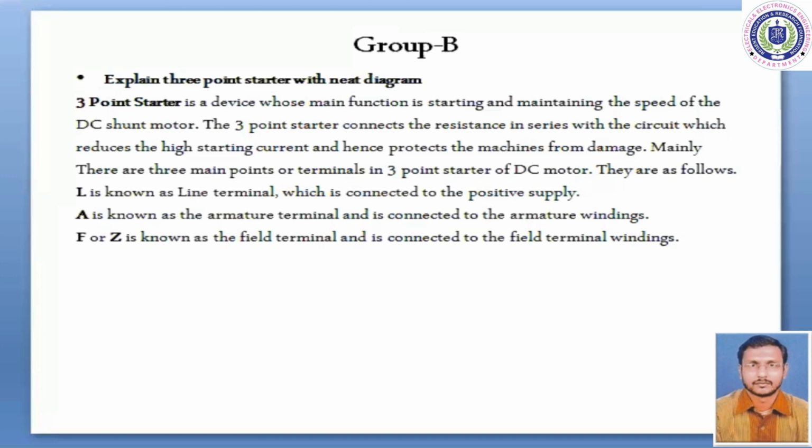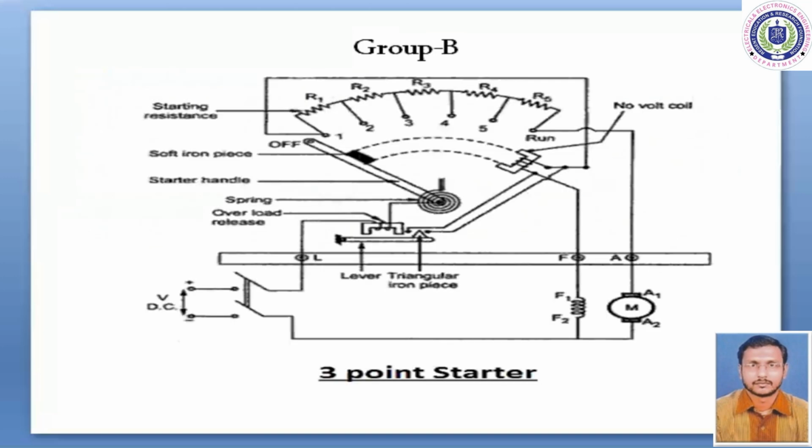Now I am trying to discuss the working principle of the 3-point starter with the help of this diagram. So mind it, the schematic representation of the 3-point starter is very important, so that you can easily explain the total phenomenon related to it.